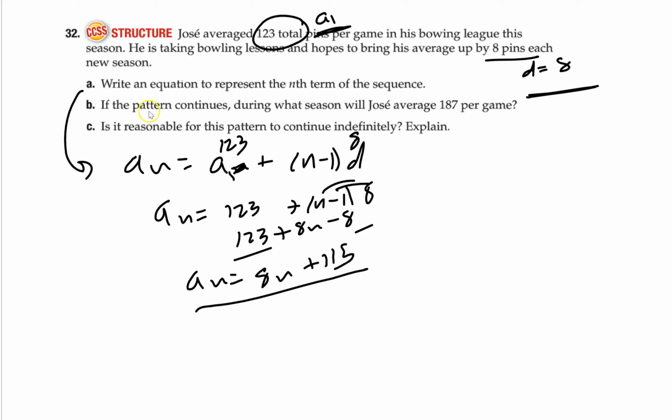And if the pattern continues, during what season will Jose average 187 points per game? We haven't talked about something like this yet. Notice what that is? That's not saying how much he is scoring on the 10th game. It's saying his score is 187. This is AN. I'm looking for N. So I'm plugging 187 into this part.